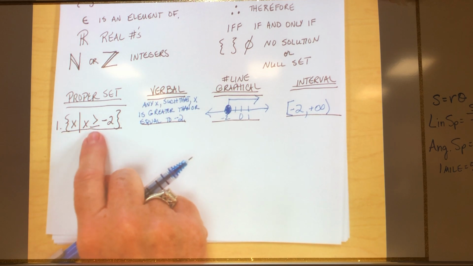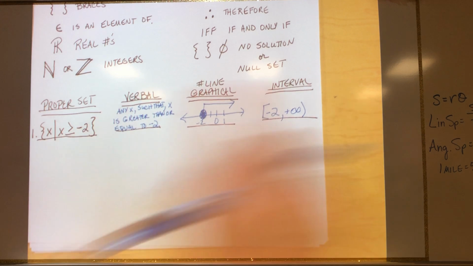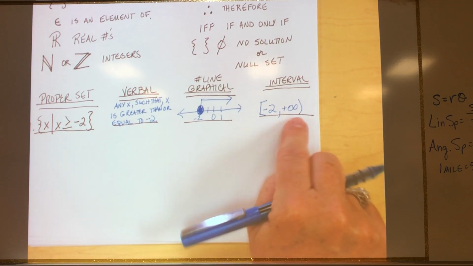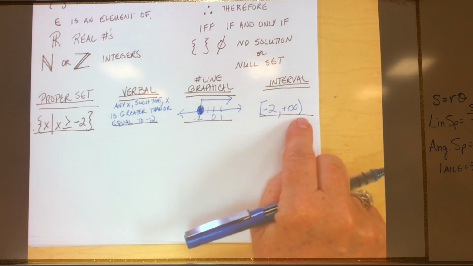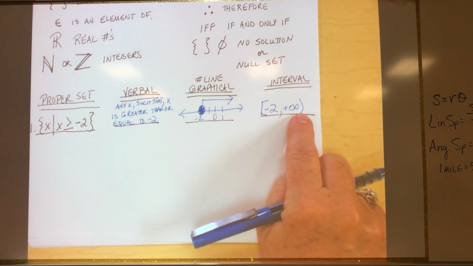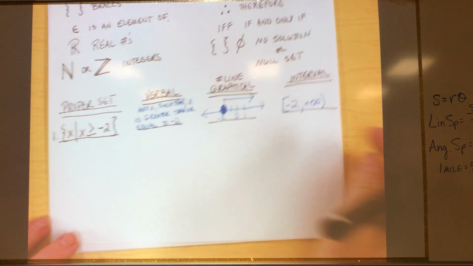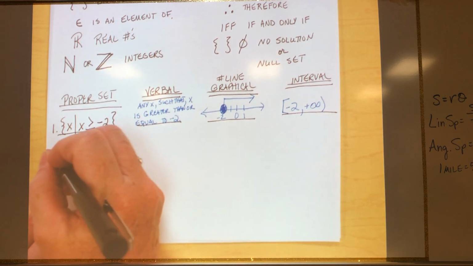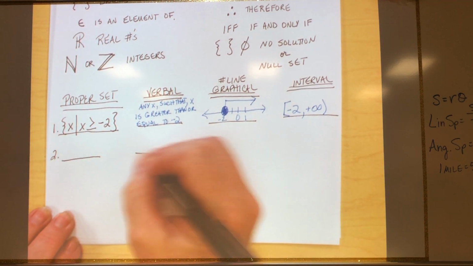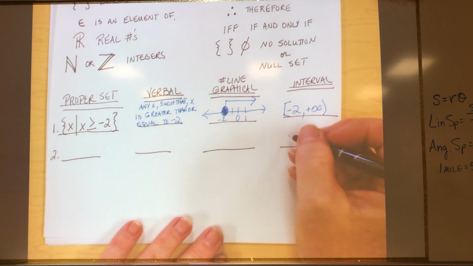This says x is greater than or equal to -2. But look at this, y'all. This says, hey man, you can use any number that you want to, from -2 included, all the way to positive infinity. Okay? Let's do another one. We're gonna do 3 of these. Here's number 2. All right, number 2, I'm gonna do this one.